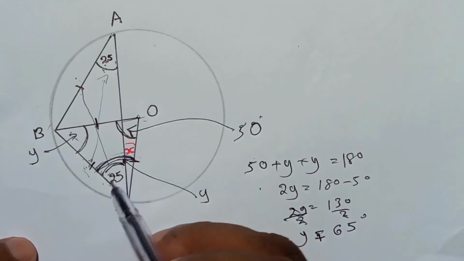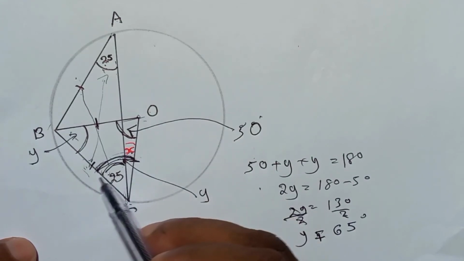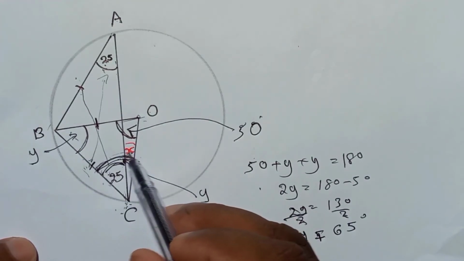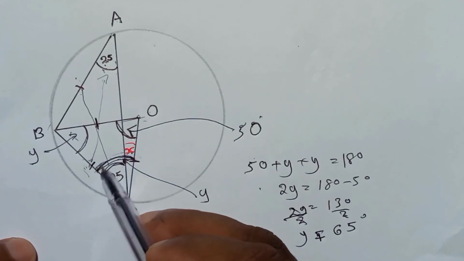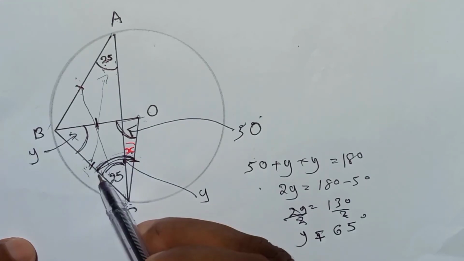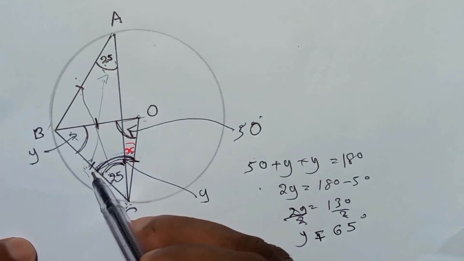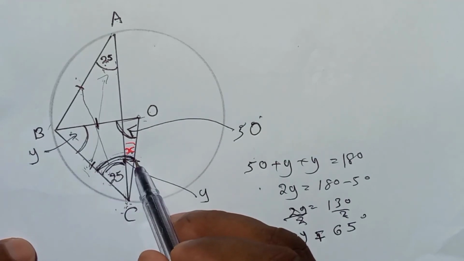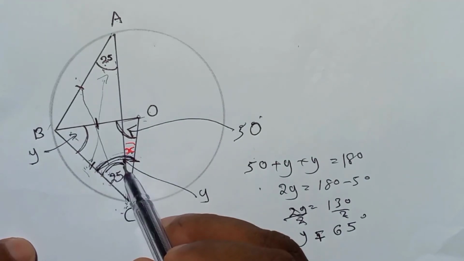Now you can find this x. X is this small angle. From this y angle, subtract this 25, because from here to here is 65 and from here to here is 25. Actually this diagram is not to scale.